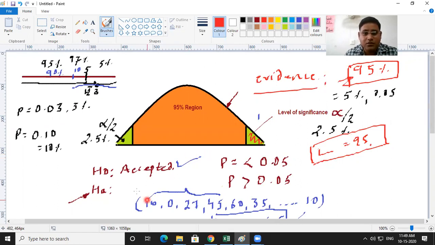Okay, so we will never say that the alternative hypothesis is accepted or rejected. No, we apply the test on the alternative hypothesis only to see whether our null hypothesis is being accepted or rejected. We will always say that the null hypothesis is accepted or rejected, and to find that we apply the test on the alternative hypothesis.